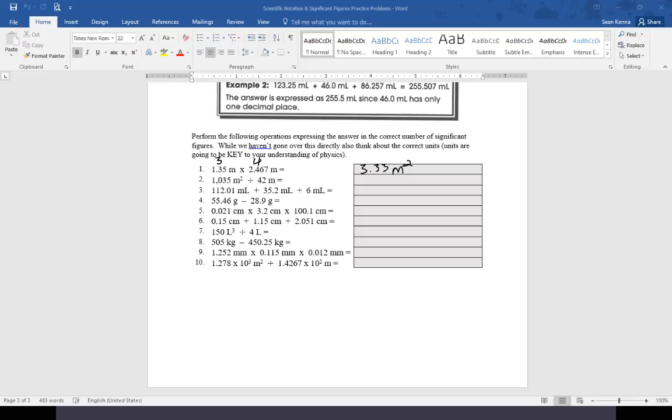Now we should all be able to do this as simple addition, probably even in our head for most of us. So if we add 112.01 plus 35.2 plus 6, we end up with what? 153.21.